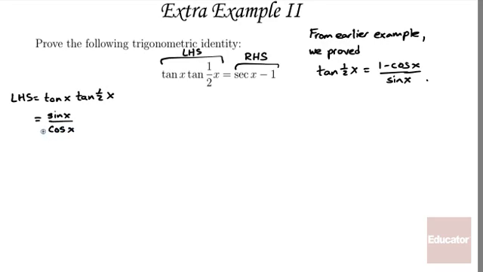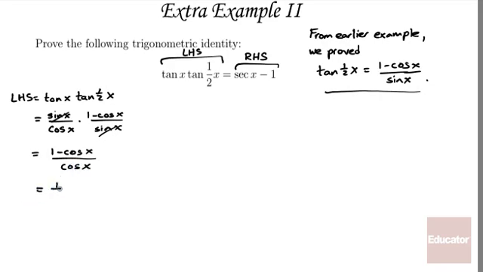Tangent 1/2 x, that's not so obvious, but I remember this previous example where we derived this identity, 1 minus cosine x over sine x. So I'm going to convert that into 1 minus cosine x over sine x. Now, the sine x's cancel, and so we're left with 1 minus cosine x over cosine x.